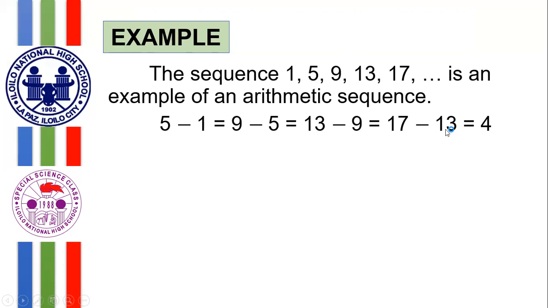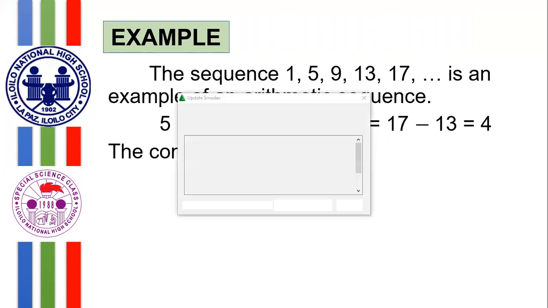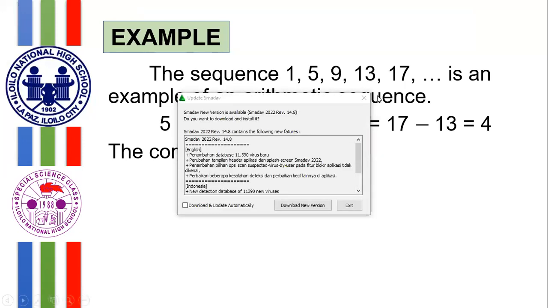All of their values is 4. And you could see that the difference of a term and the term immediately preceding it is always 4 for this case. Hence, we could say that this is an arithmetic sequence with a common difference of 4.